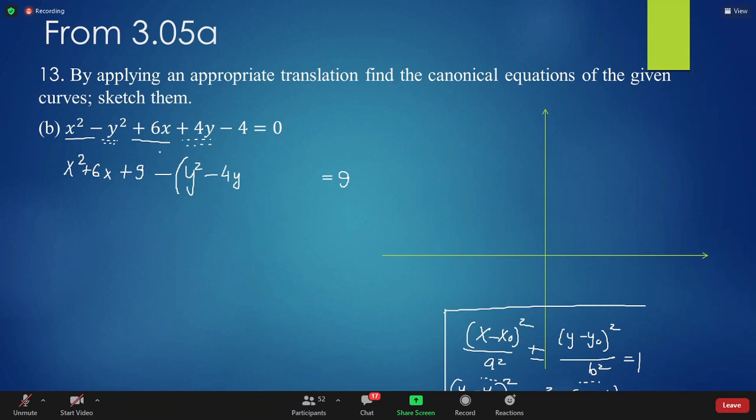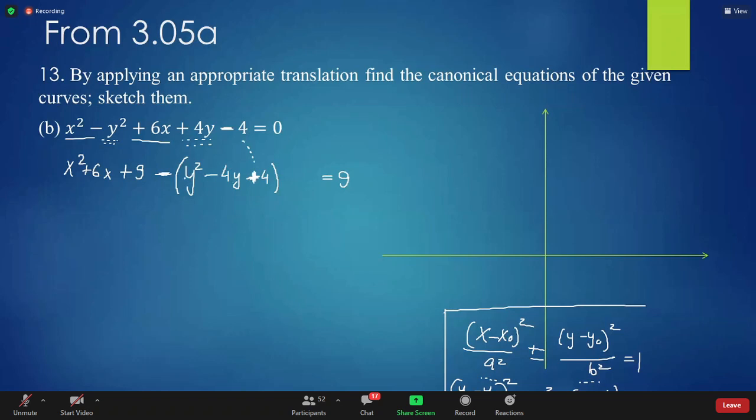So finally, for this, I actually need to add 4 in order to get the perfect square inside the parentheses, which means this minus 4 is actually already taken care of. I didn't need to move 4 to the other side. I see this minus 4 will become plus 4 in the parentheses because we have a minus in front.